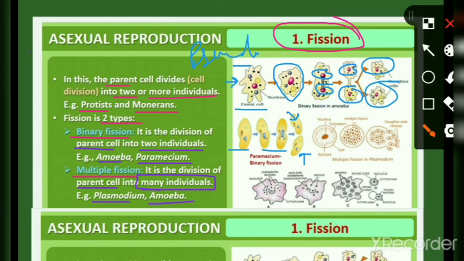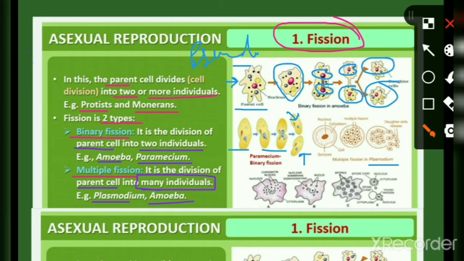What happens in multiple fission? Multiple fission occurs in amoeba and Plasmodium. We first try to understand how multiple fission occurs in Plasmodium. Plasmodium is a protist, and it is responsible for the development of malaria disease in organisms, meaning animals.